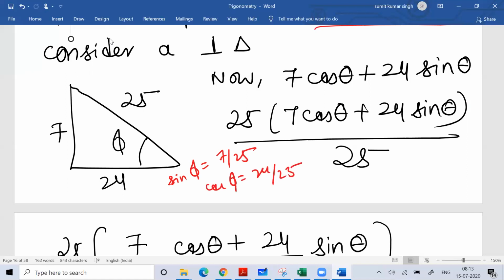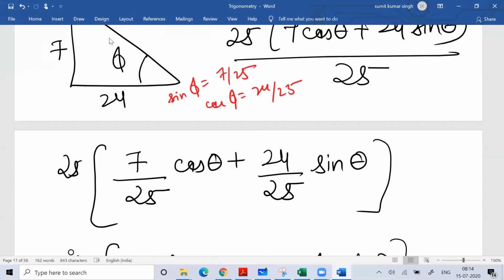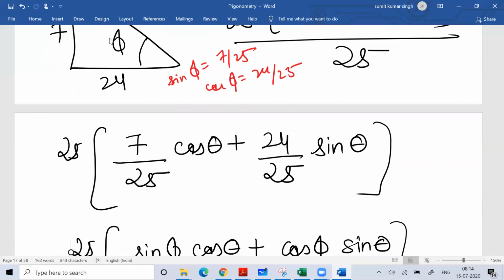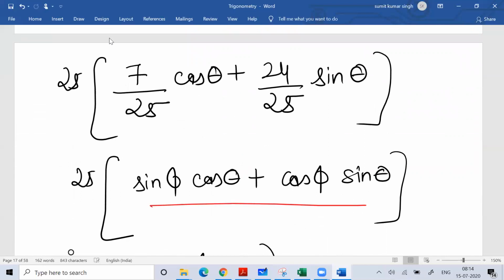If I multiply and divide by 25, I can write 25 times, inside the bracket, 7 by 25 cos theta plus 24 by 25 sin theta. 7 by 25 is sin phi and 24 by 25 is cos phi. So ultimately you get the form sin A cos B plus cos A sin B, that is nothing but sin of A plus B.